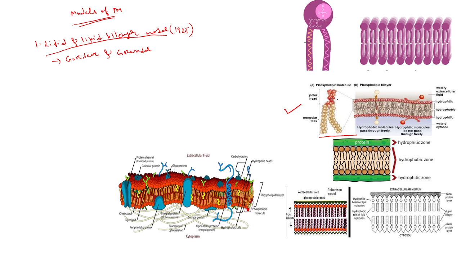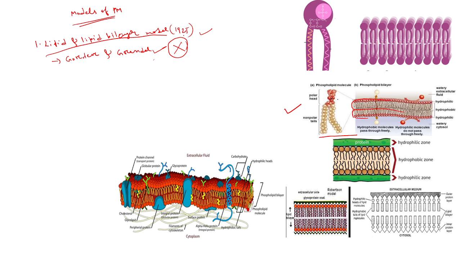Gorter and Grendel speculated at that time that only lipids are present in the plasma membrane. This is one layer, the lipid layer. This is another lipid layer. That means there is no protein, no carbohydrate, only lipid according to that model, which is wrong.